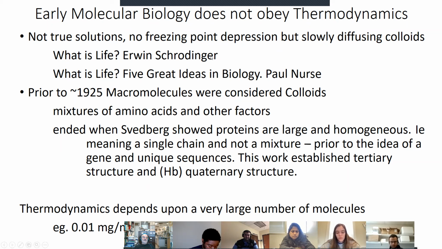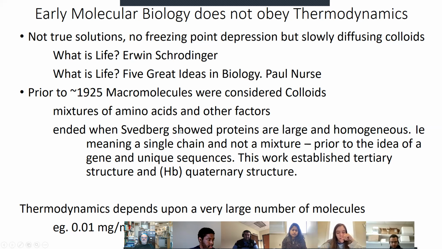It didn't apply to life. We basically thought that life, cells, organisms didn't obey the laws of thermodynamics. We thought that there was some violation of the laws. In the 20s, a scientist by the name of Svedberg developed something called the analytical ultracentrifuge, which we'll be talking about soon.